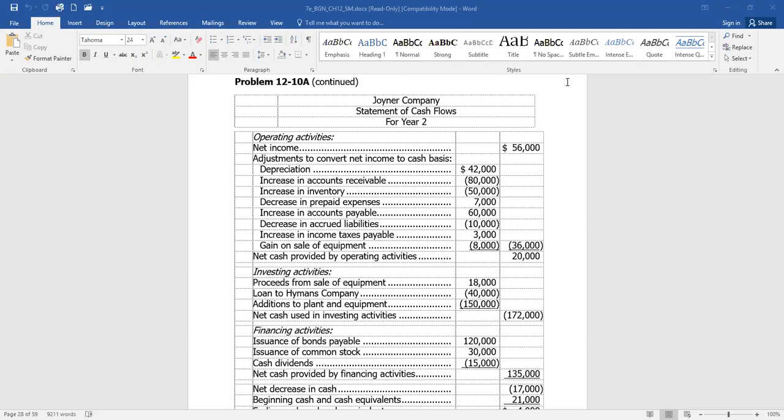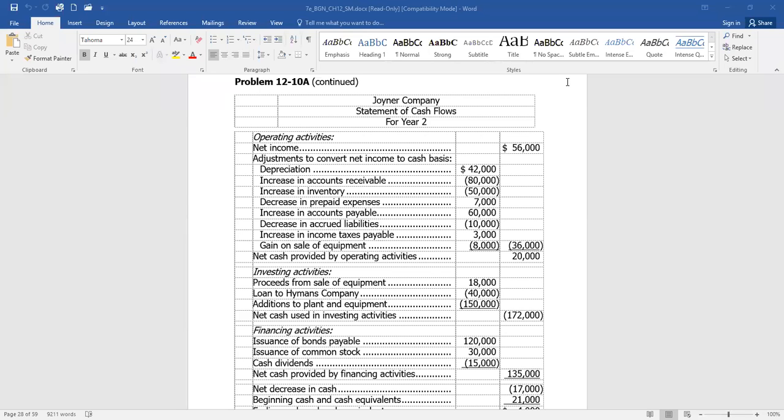Assets that will be reported in our investing area are basically all of the rest of our assets: property, plant, and equipment, investments, loans, or just purchases of stocks or bonds of other companies, or sales of them.